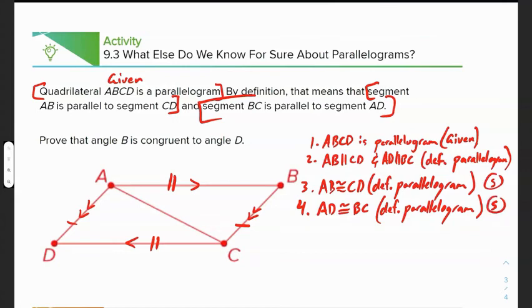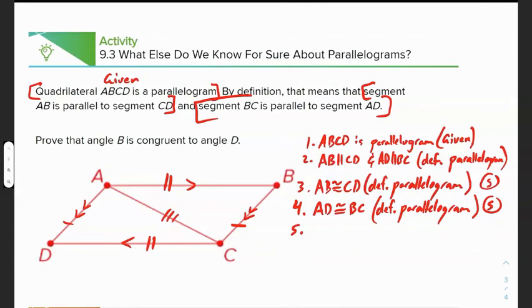Okay. What else? Tell you what. Is there a line segment that both of these two triangles are sharing? Hopefully you realize. AC. Right? So AC is congruent to itself. And what reason is that again? When two figures share the same side? Reflexive property. Okay.